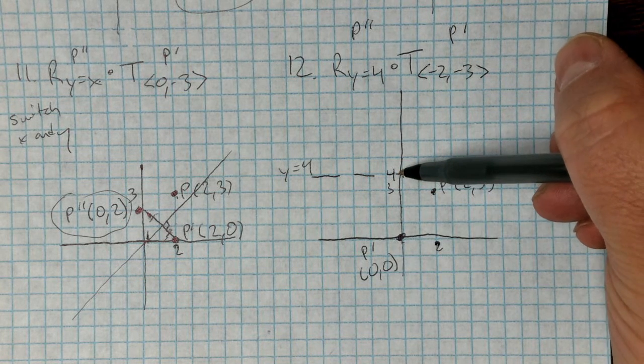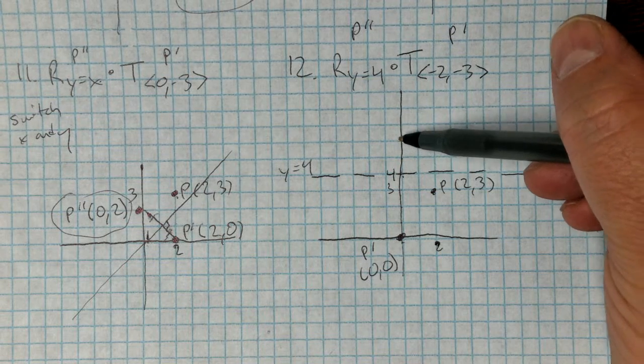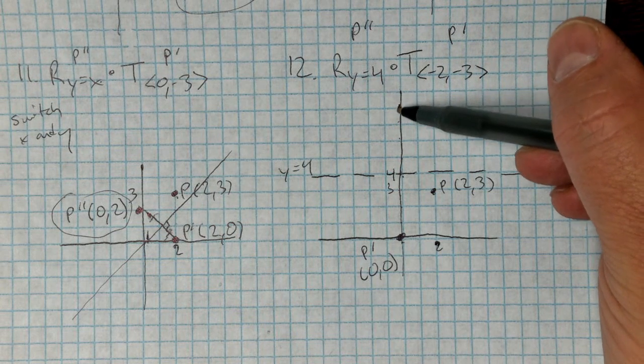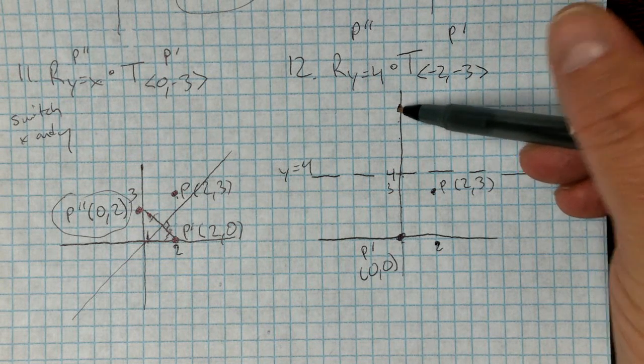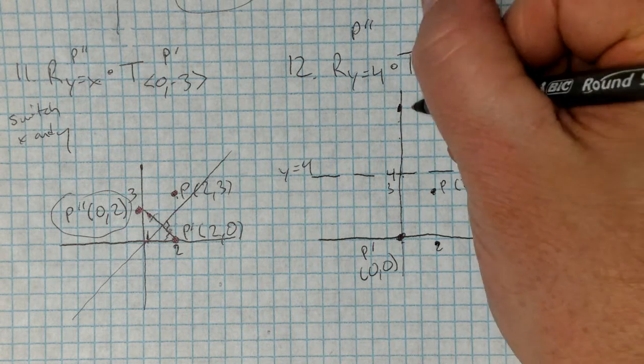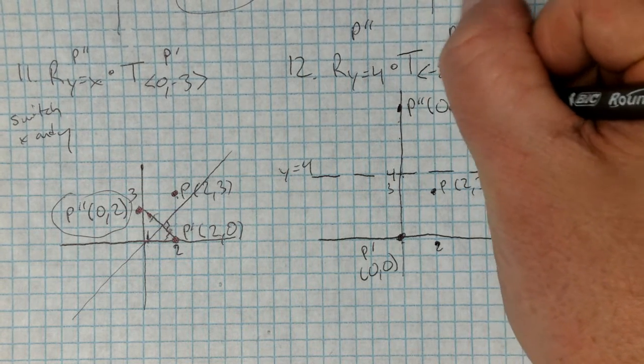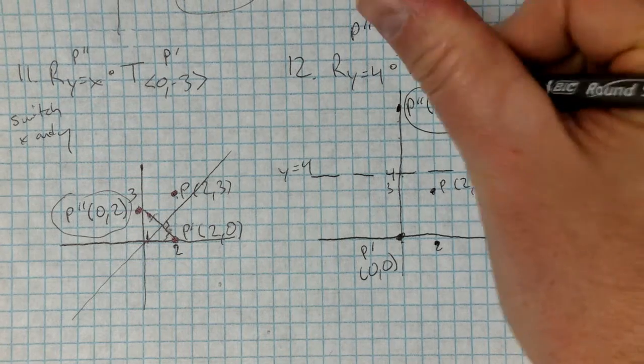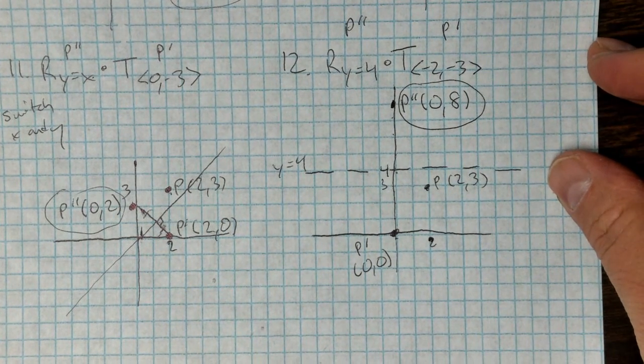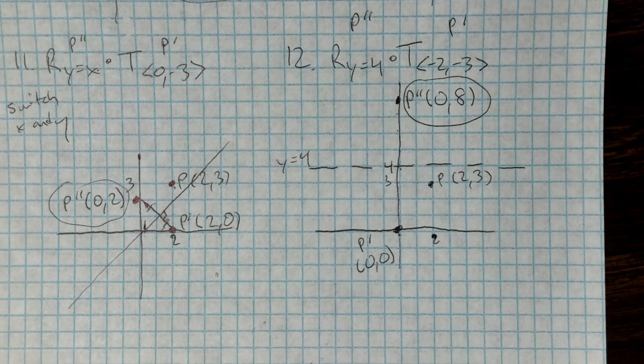So then from this line, you're going to count 1, 2, 3, 4 units. And so that makes it 0, 8. P double prime 0, 8. Any questions?